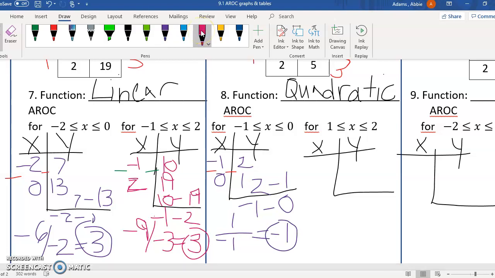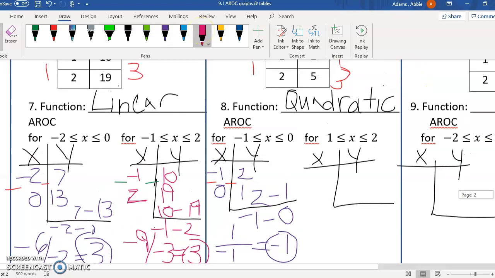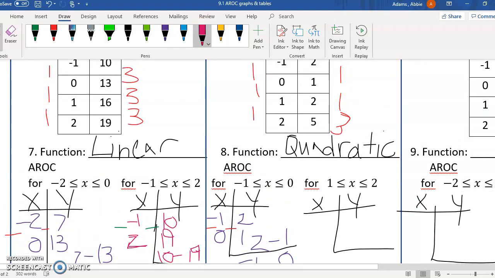Now let's look at the interval from 1 to 2. When x equals 1, y equals 2. And when x equals 2, y equals 5. So I'm going to find my differences in x and my difference in y. So in my numerator, I'm going to have 2 minus 5.